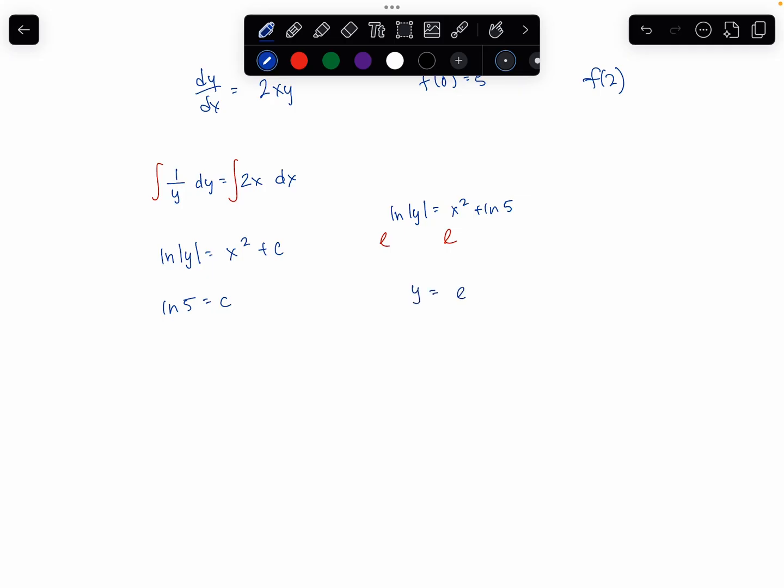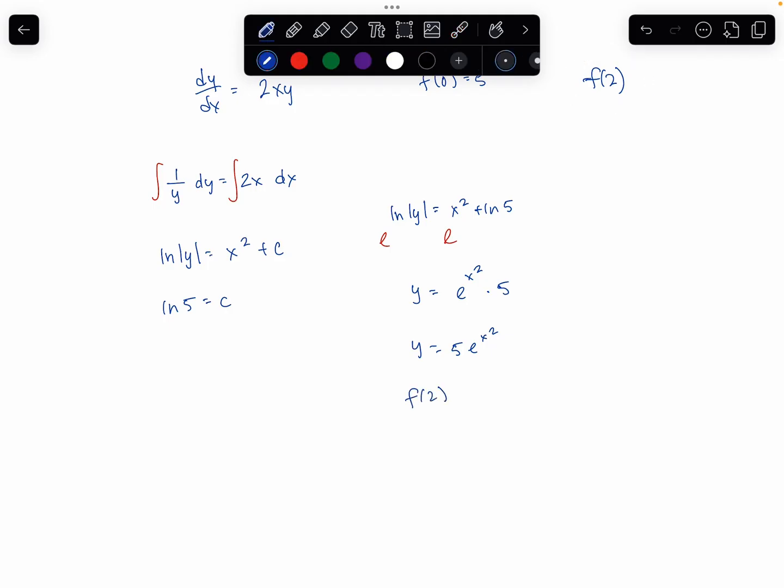And y will be equal to e to the x squared times 5, because of a rule that I keep stating. If you want to go look at the free response questions, I do that in just about every free response question. So y is equal to 5e to the x squared. The final step is to actually find f of 2.